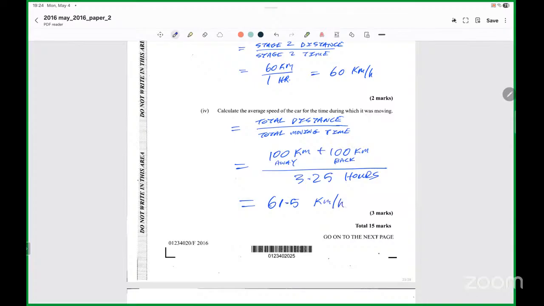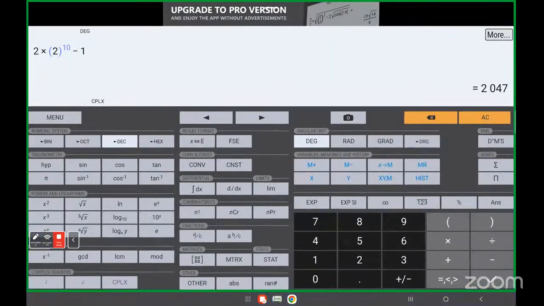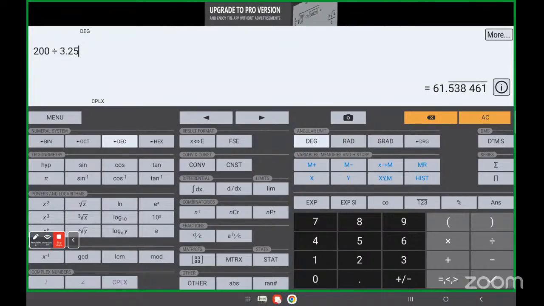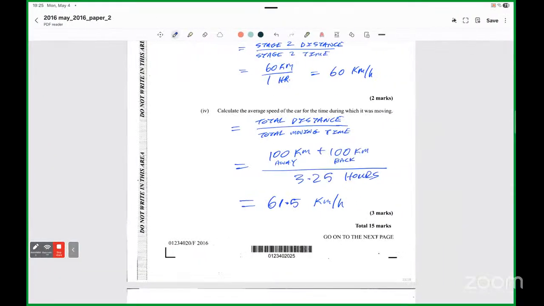So it's 200 divided by 3.25. 61.5 is good enough. 61.5 kilometers per hour. That's it.